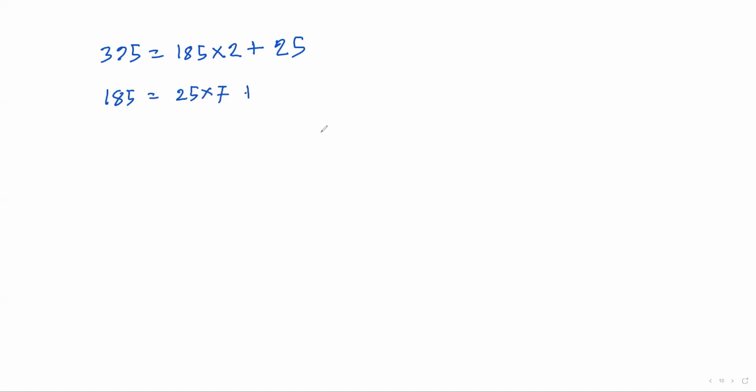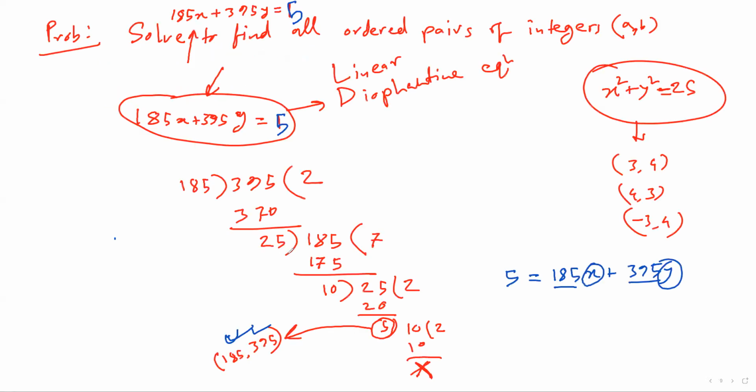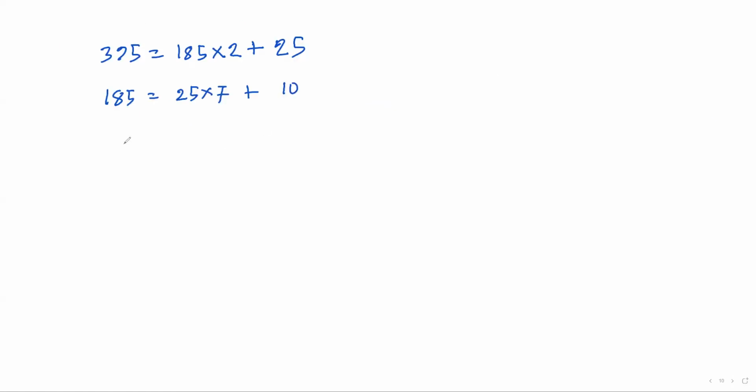We got 7 here, and the remainder was 10. And 25 was then divided by the last remainder 10. The quotient was 2, and the remainder was 5. And finally, 10 was divided by 5 to get an absolute zero remainder.